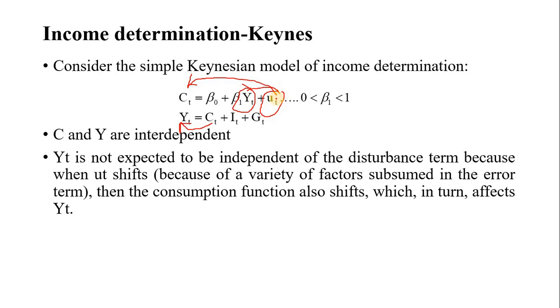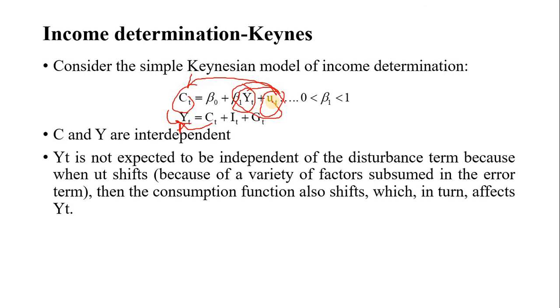So UT will influence CT, and since this effect of UT is there in CT, it will also influence YT, then UT and YT will be related.